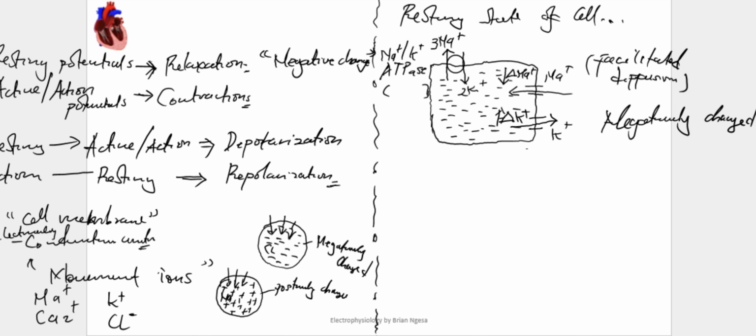Having that, we've now explored the resting state. So how are we able to shift from the resting state into an action potential? That is the process that we've agreed to refer to as depolarization. For example, think of this as a cardiac muscle cell that is resting, and how does it transition from resting into an action state?